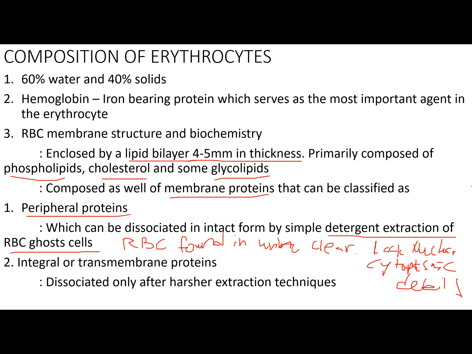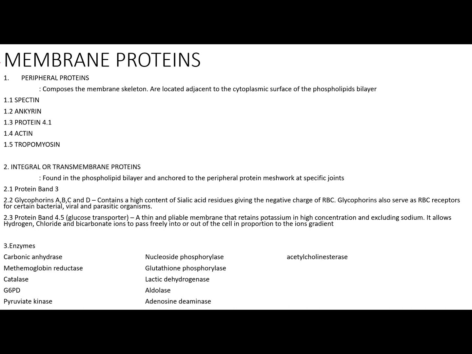Okay, let's continue. So let's talk about, class, the first one, itong peripheral proteins niya. This would compose the membrane skeleton and are located adjacent to the cytoplasmic surface of the phospholipid bilayer. They are composed of the following proteins, class.